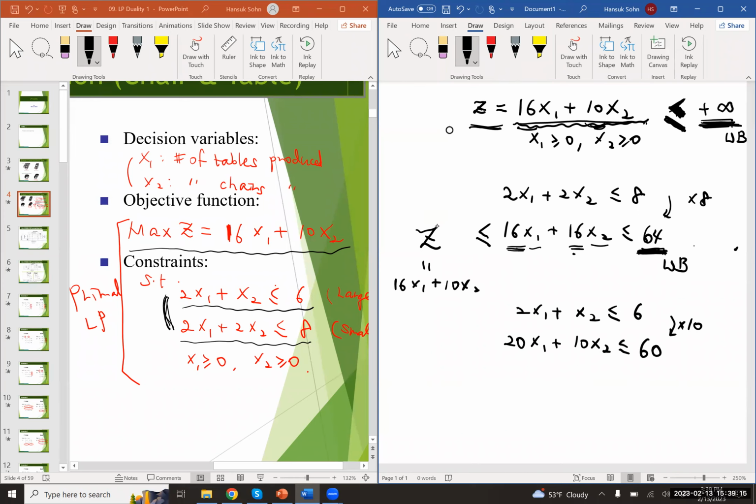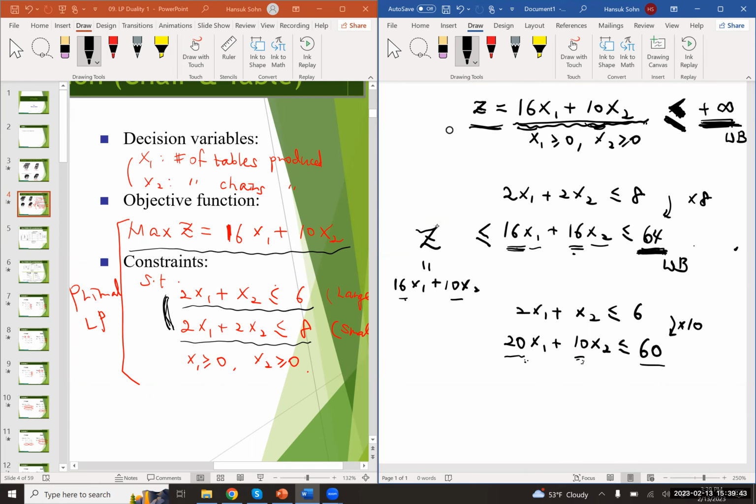So of course, the coefficient of x1, which is 20, is greater than the coefficient of x1 in our objective, which is 16, right? Also, the coefficient of x2, which is 10, is at least the same as the one in our objective.